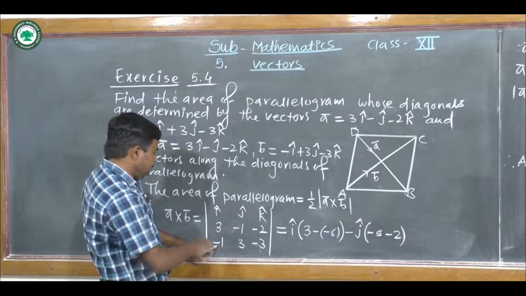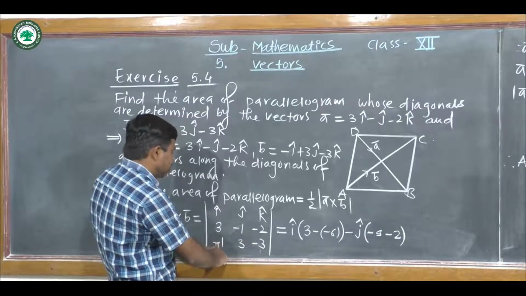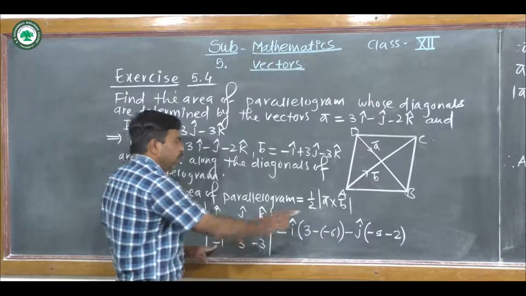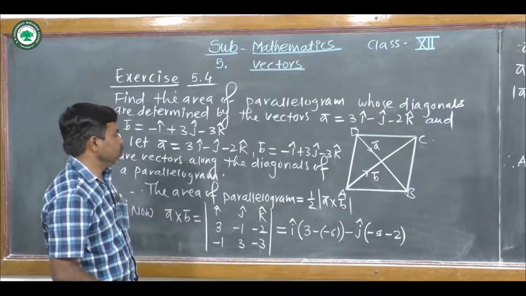That is 3 into minus 3 minus 9 and minus 1 into minus 2 plus 2, and the minus from the formula, so minus 9 minus 2.